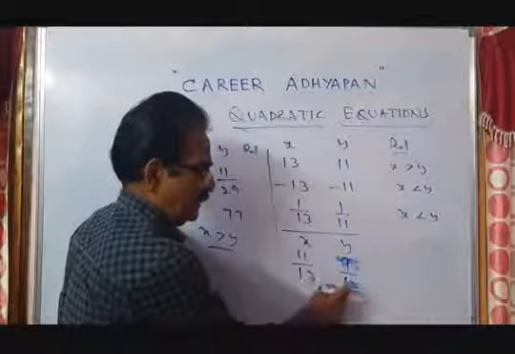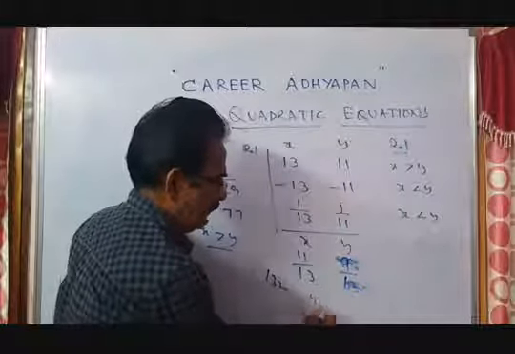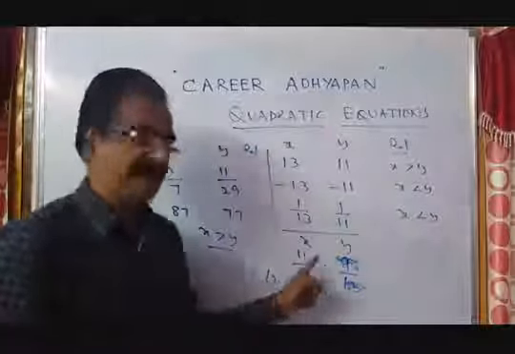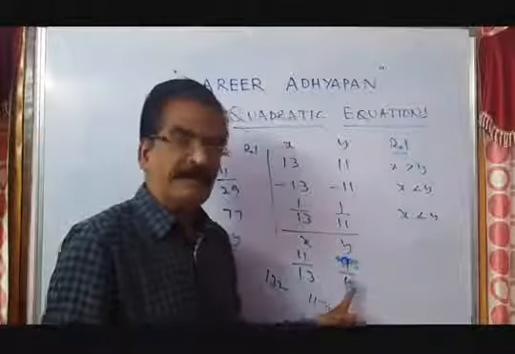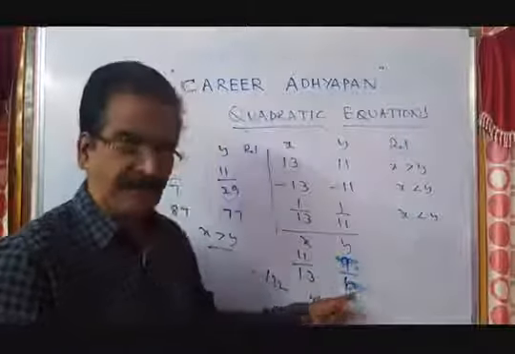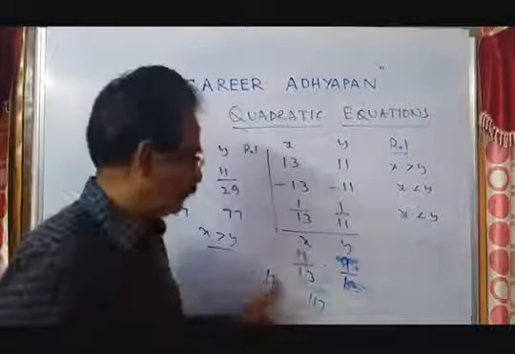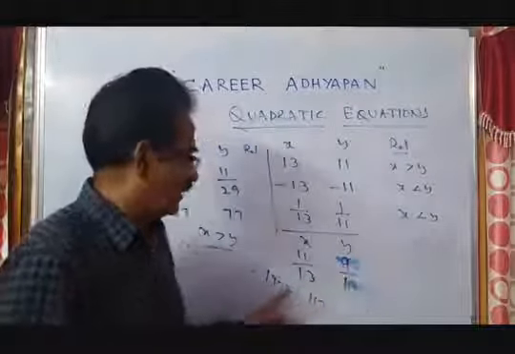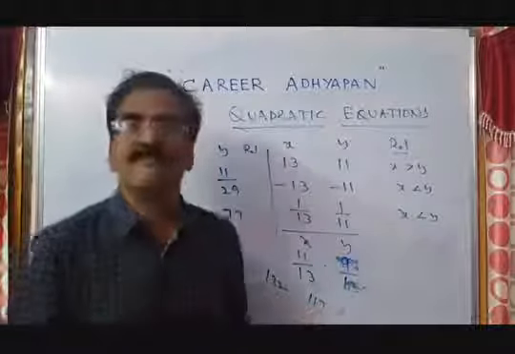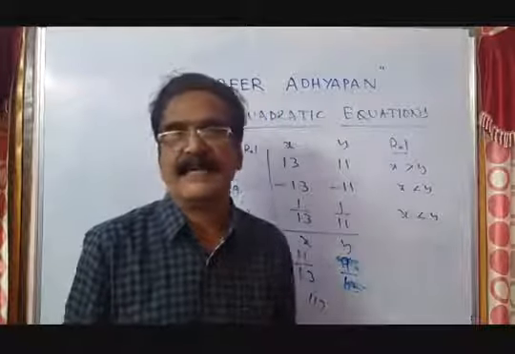You just cross multiply. 12 into 11 is 132. 13 into 9 is 117. So x is 132, y is 117. Simply x greater than y.